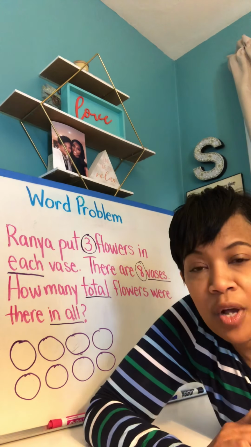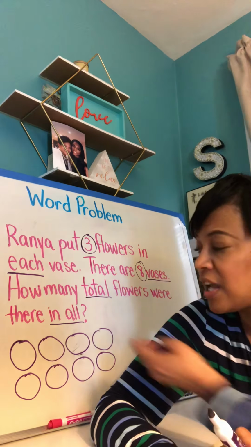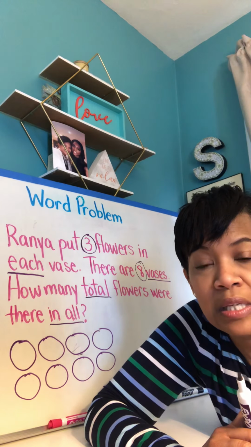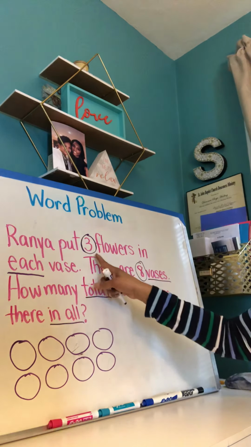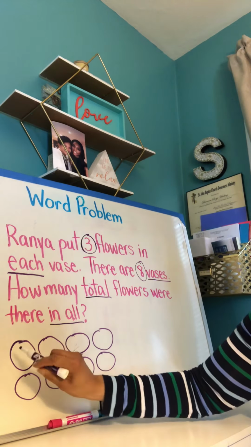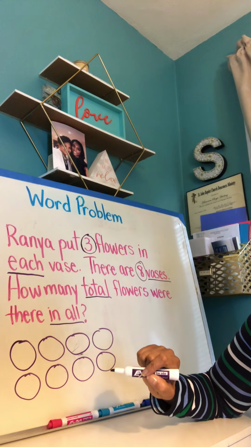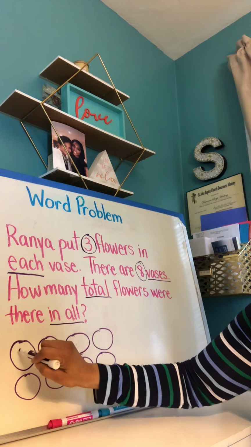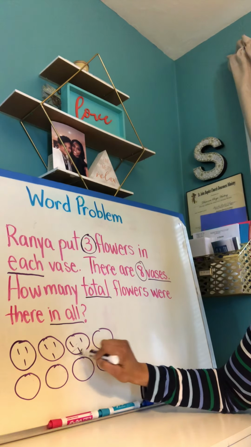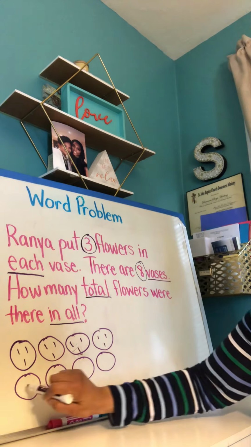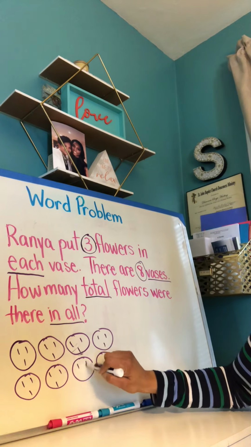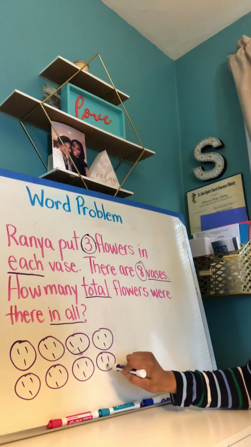Now, we've learned in multiplication that when we're making groups like I have here, all the groups have to be the same. They have to be equal. So if we're putting 3 flowers in each vase, we have to have 3 in each. And I'm just going to keep counting to find how many total flowers I have. 1, 2, 3, 4, 5, 6, 7, 8, 9, 10, 11, 12, 13, 14, 15, 16, 17, 18, 19, 20, 21, 22, 23, 24.